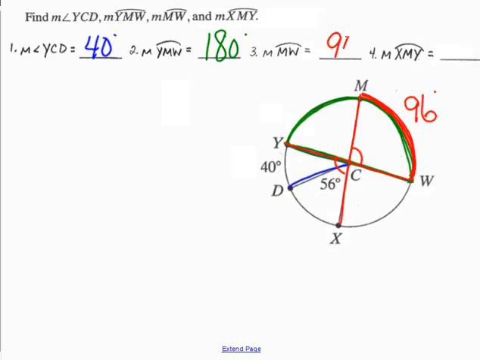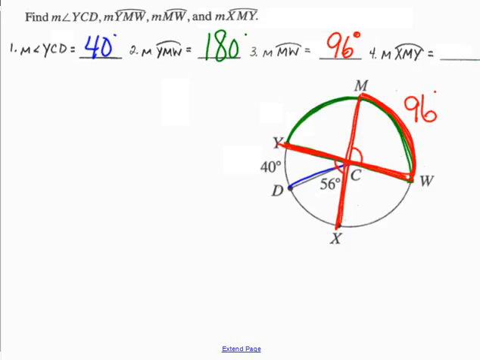That's 96 degrees because we have vertical angles. The measure of arc XMY. XMY. Okay, I need my purple pen again.